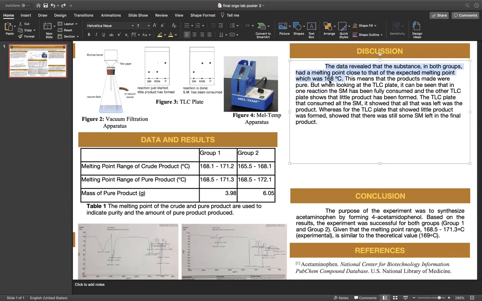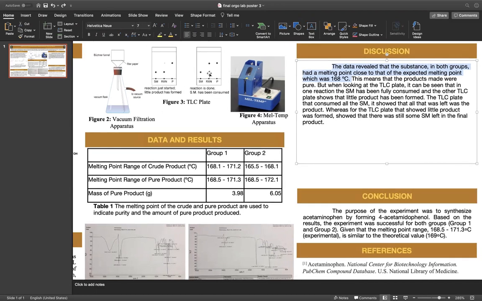When looking at the TLC plate, it could be seen that in one reaction, the starting material has been fully consumed, and in the other TLC plate, some product remains, and they drew that in, but didn't mention much about analyzing the IR either, right?